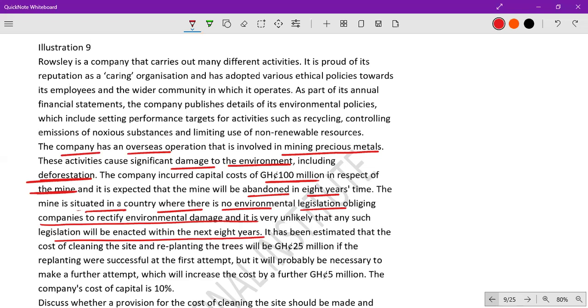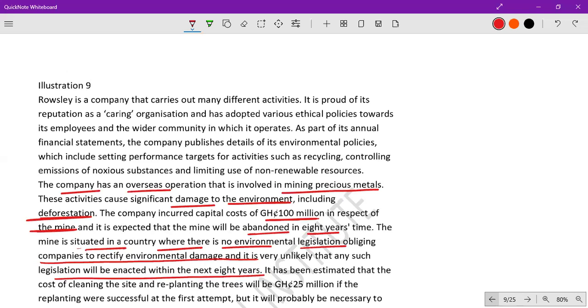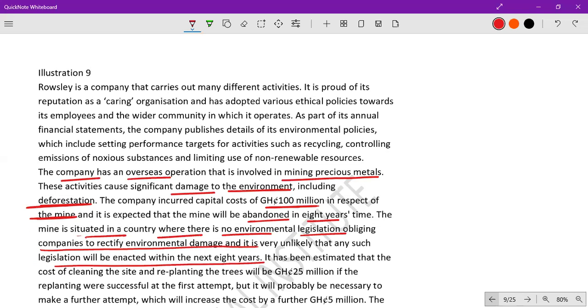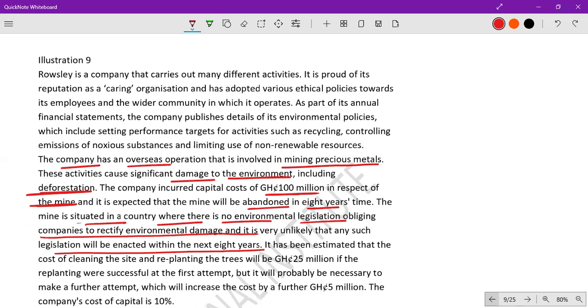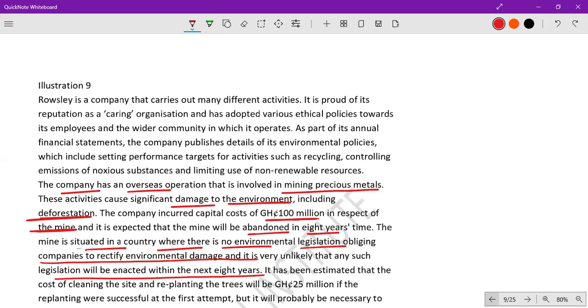Okay, Madam, please hold on there for me. So you see how the question has been crafted. The mine costs 100 million, and they said that there is no legislation for the reclamation. But look at this. The company is proud of its reputation as what? Caring organization. So what is this ringing in your mind? A constructive obligation.